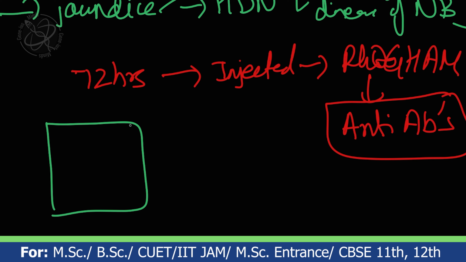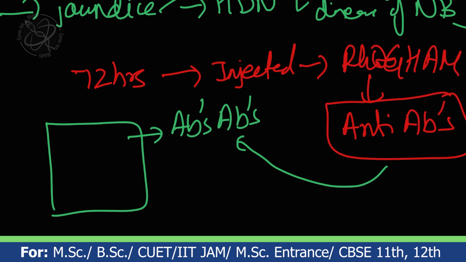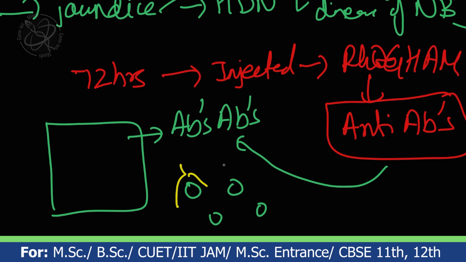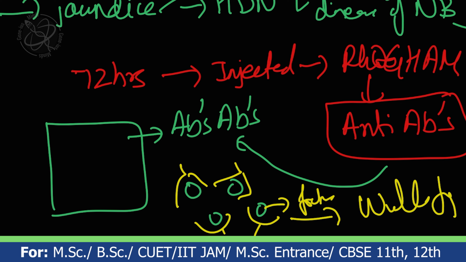In the mother's body, during the first delivery, you have seen that there was a production of antibodies, right? So as soon as the child is delivered, the doctor advises to inject this Rhogam, which is an antibody. What are they going to do? They are going to neutralize the effect. They will bind with this Rh positive which came from the fetus, and nullify its effect, causing no harm in the second pregnancy.